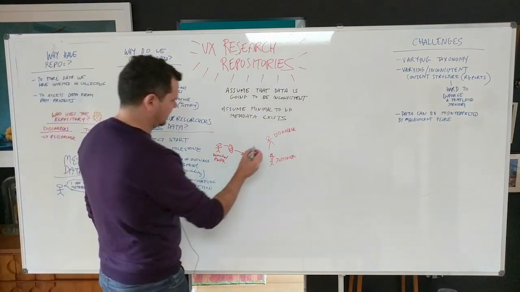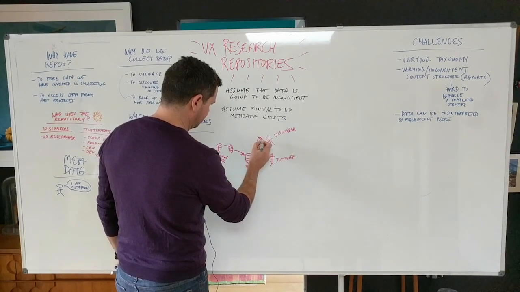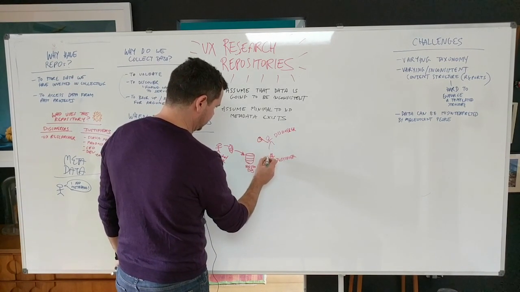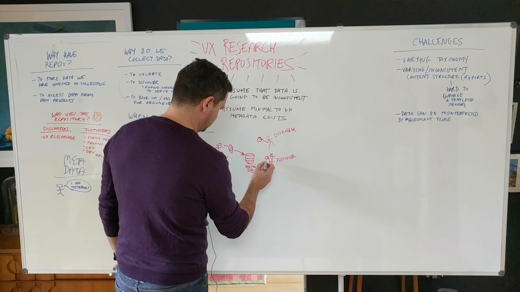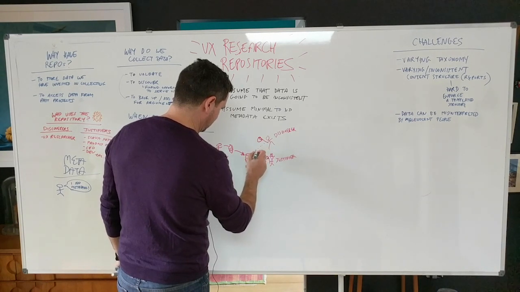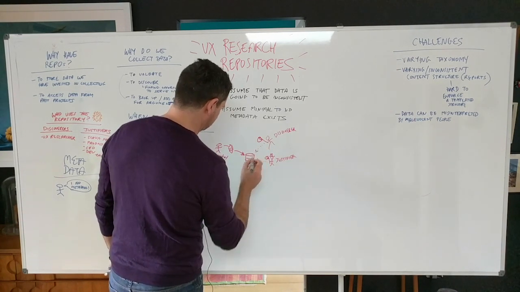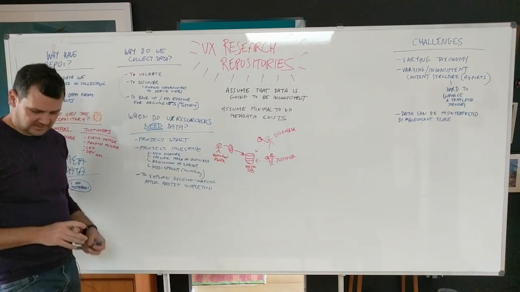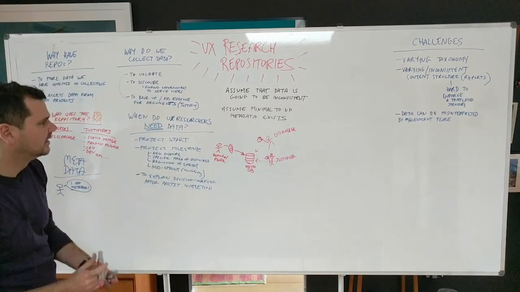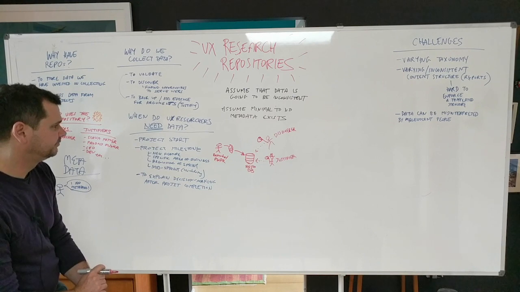So there, let's give them little nets. They're looking for stuff. I'm using dotted lines to indicate they're not putting anything in there. They're trying to scoop something out. Cool.